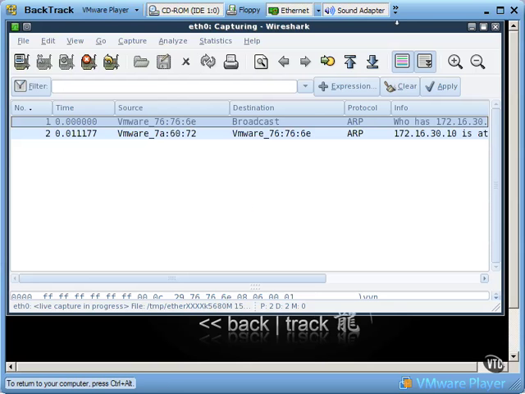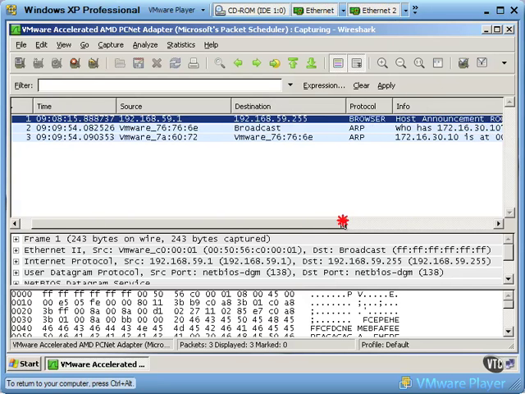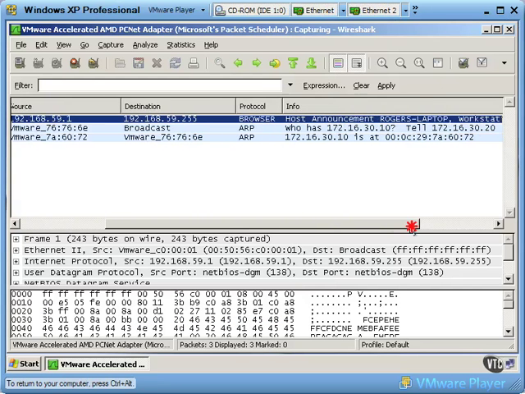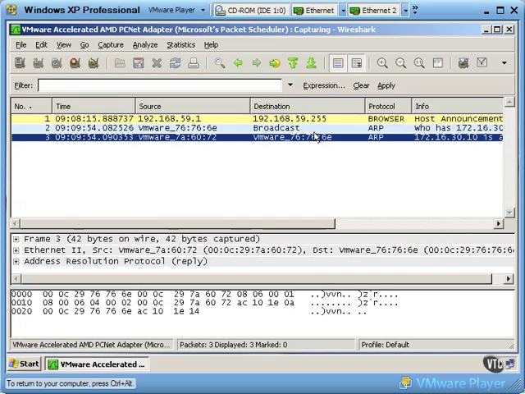Now let's go and look at what we got on the Windows XP side. Okay, we got some interesting traffic here. We got an ARP broadcast also, but we didn't get much in the way of a reply here, because all we really did was send some ACK. So you can see that this wasn't detected by Windows XP, which was kind of interesting.